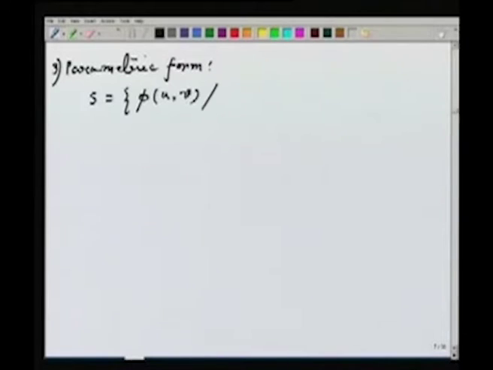Then comes the third case, the parametric form. So if the surface is given by a parametrization, then n is given by the cross product of the tangents, divided by its norm.